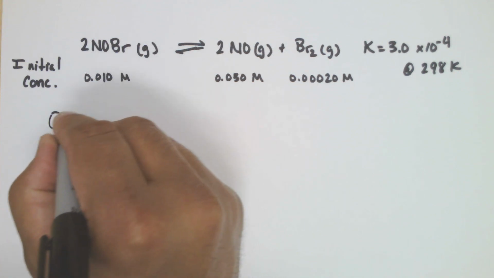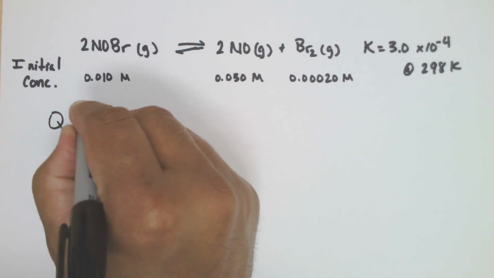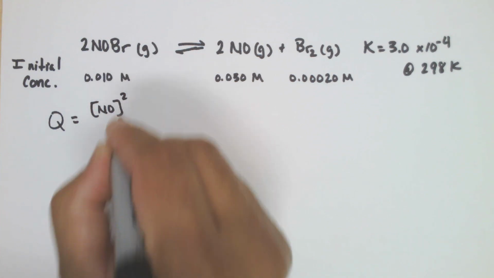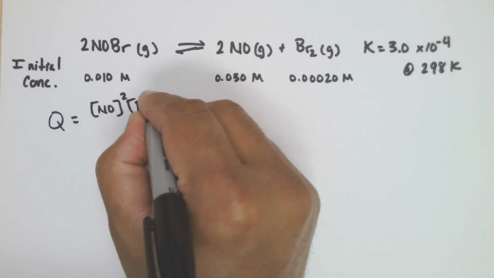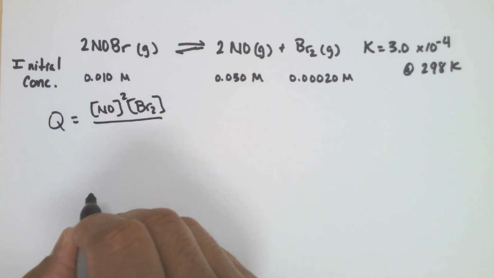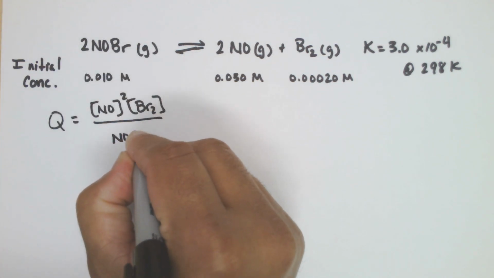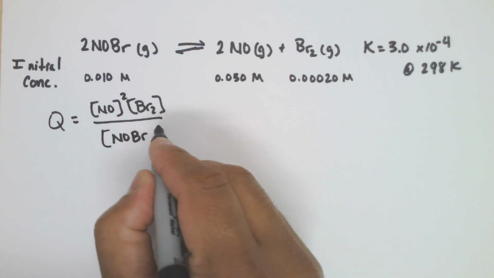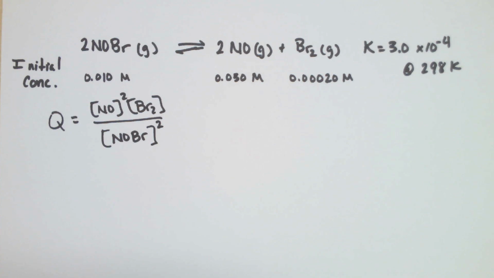The law of mass action says that the reaction quotient is the concentration of NO raised to the 2 times the concentration of Br2 over the reactants. The concentration of NOBr raised to the 2 because of that 2 coefficient.